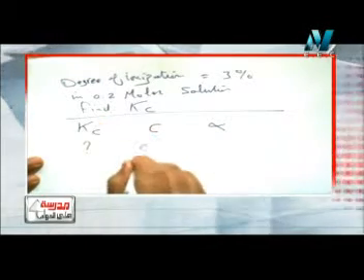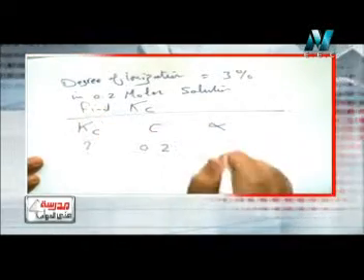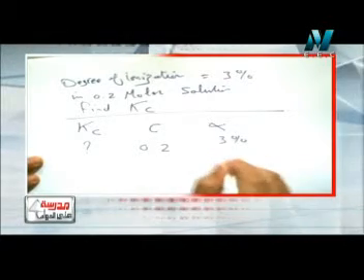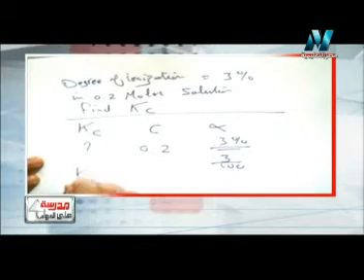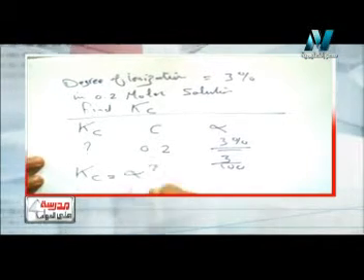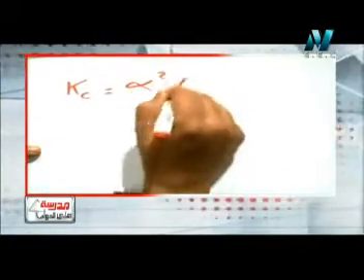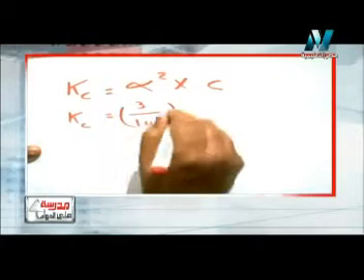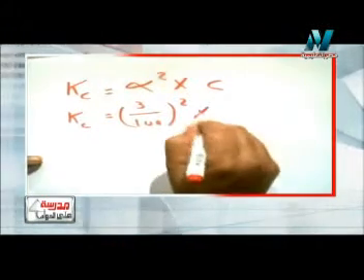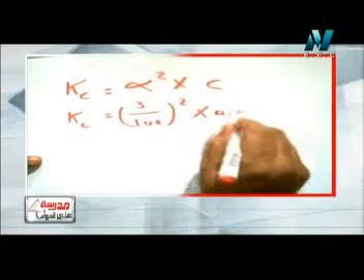Given that the concentration is 0.2 and the degree of ionization is 3%, meaning 3 over 100, the rule is Kc equals alpha squared times C. So Kc equals 3 divided by 100, all squared, times 0.2 molar.